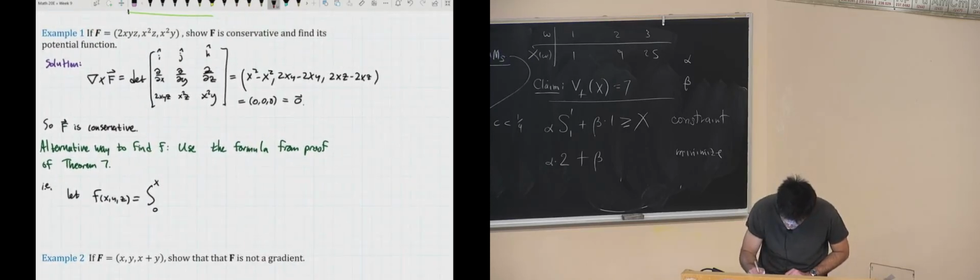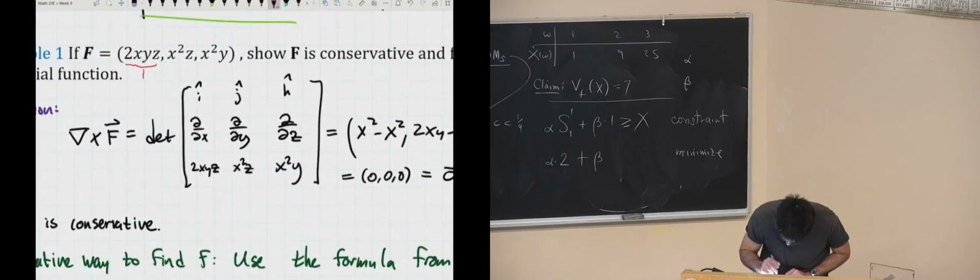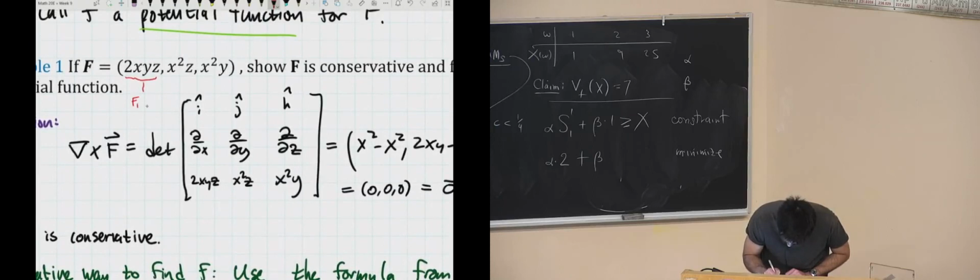Let me label these parts: this is f1, this is f2, and this is f3.